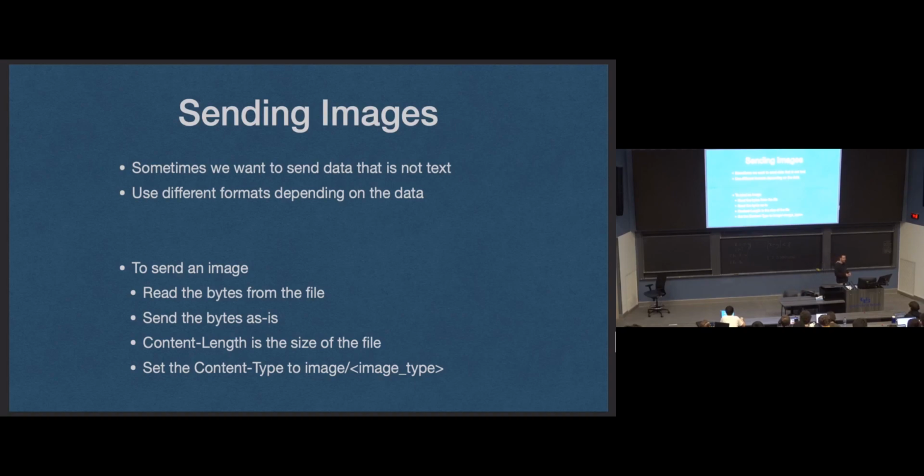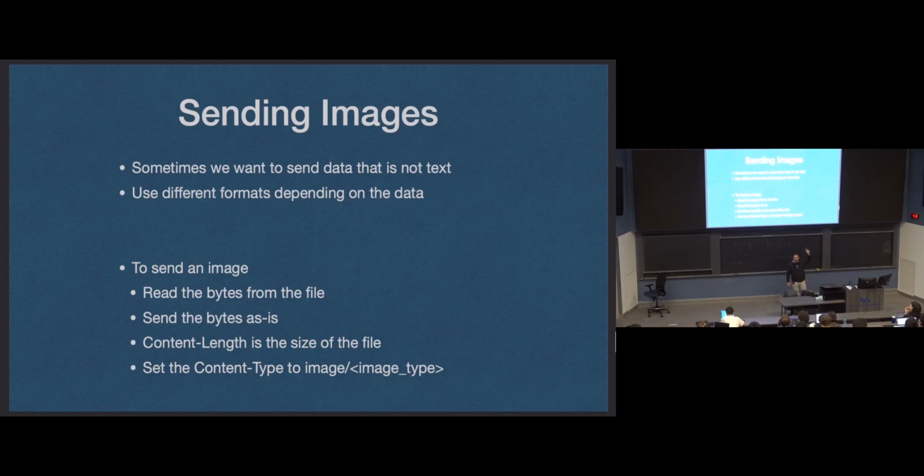To send an image, we do less. The hardest part about sending an image is everyone likes to overthink it. Don't overthink sending an image. What we're going to do to send an image is read the image file, read it as bytes, len. That gives you the content length.